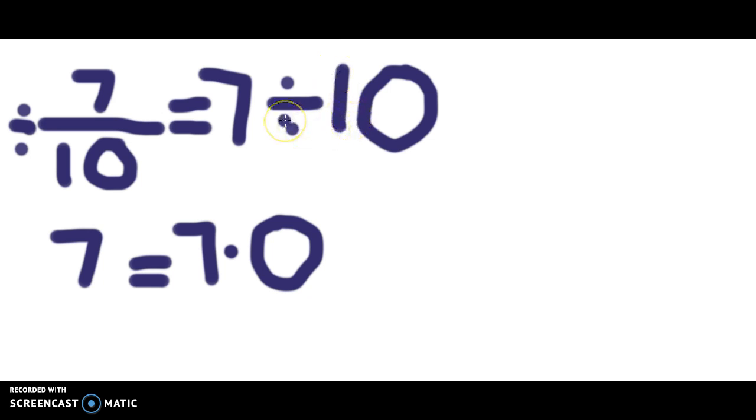Now if you need to divide by 10, you would move this way in a jump, and if you need to times, you would move this way. If we're dividing and we have 7.0, we need to move to the left side to divide.